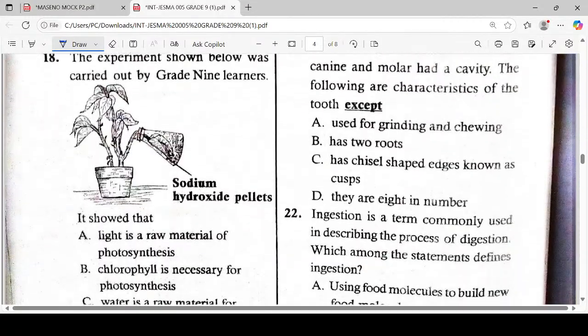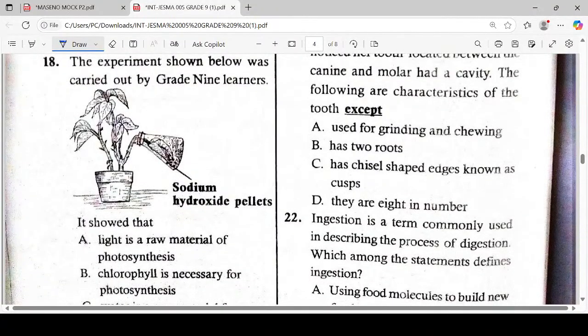Question number 18. The experiment shown below was carried out by grade 9 learners. So you can see a plant tied and with some sodium hydroxide pellets. Remember, the sodium hydroxide pellets are used to absorb the carbon dioxide. It showed that light is a raw material for photosynthesis. No, no use of light here. Remember, we need to be very keen.